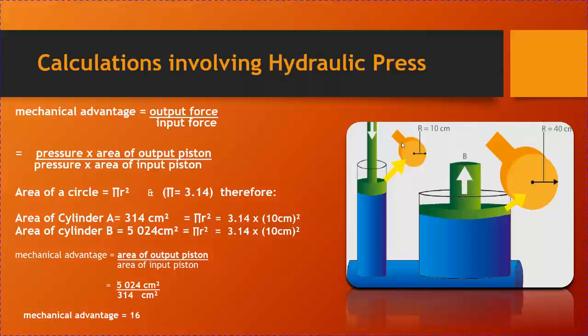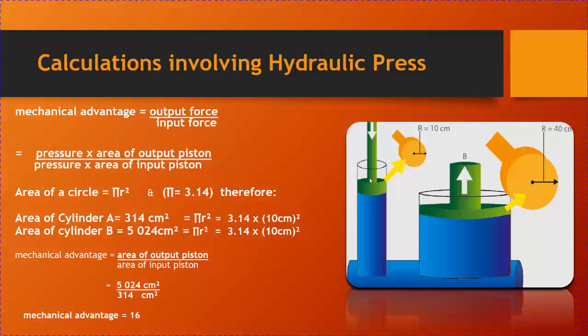So how do we work out the area of a circle? Well, the area of a circle is pi r squared. It's pi, which is a constant, 3.14. And we times it by the radius squared.